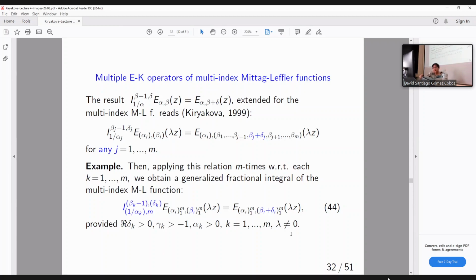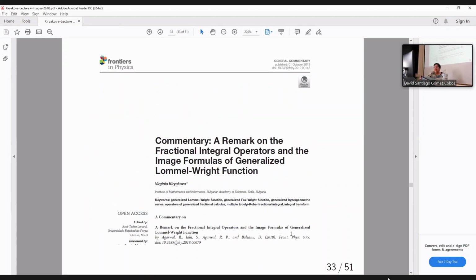And then if we do it for all indices applied, then we have that generalized fractional integral of multi-order delta k is the same kind of multi-index Mittag-Leffler function where all the second parameters beta are increased by delta k, the orders of multi-integration, which is also well expected.